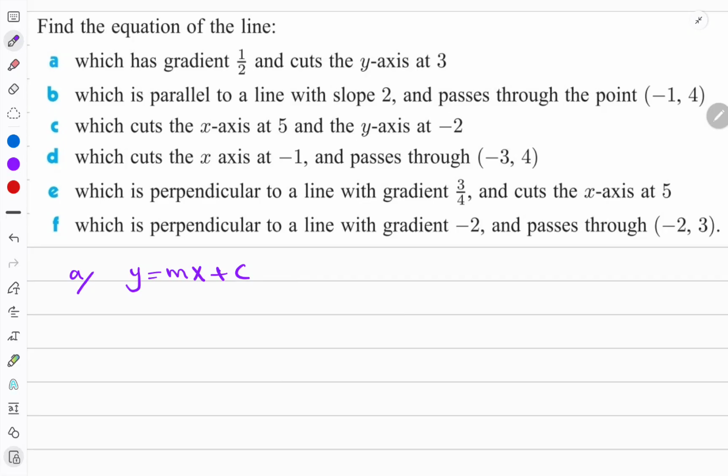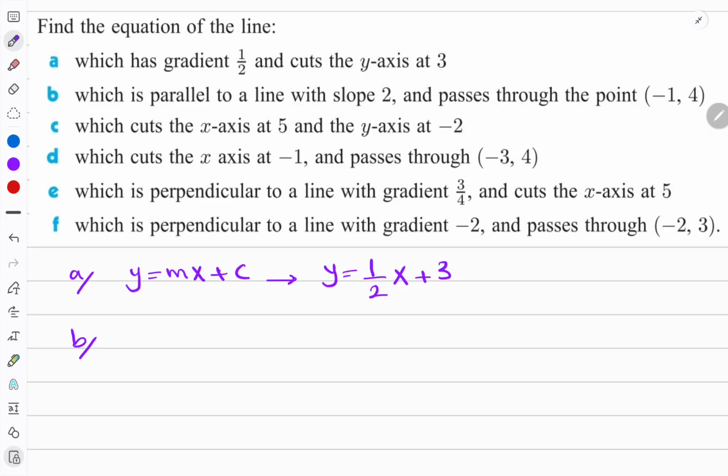In fact, this is the gradient and y-intercept form. So we just need to substitute gradient 1/2 and cutting the y-axis at 3 means y-intercept plus 3, and this is the equation of the part A.